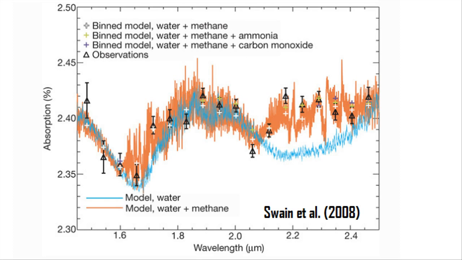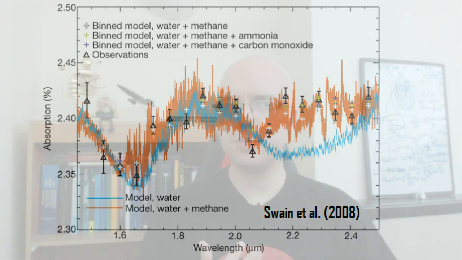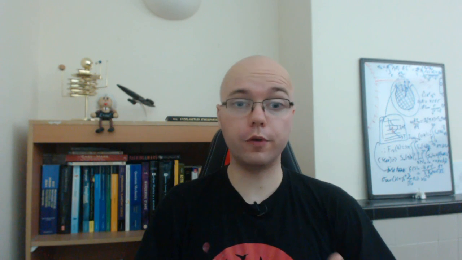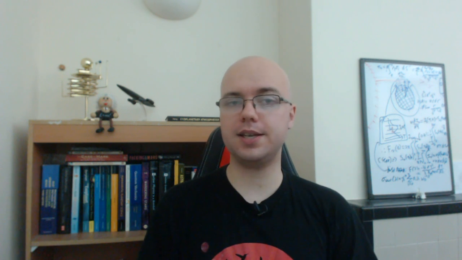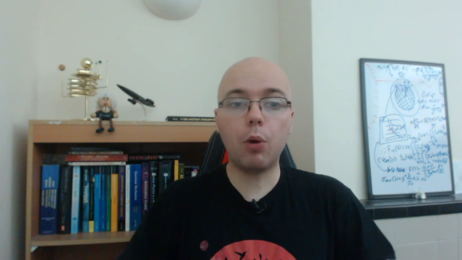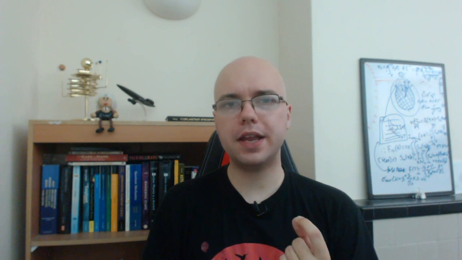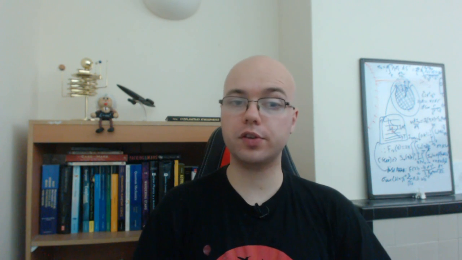However, the model which includes methane, the orange curve here, does match those observations. So this was used to claim the presence of methane in the atmosphere just by comparing a few models almost by eye. The problem with this approach, called forward modelling, is that you don't know whether the solution that you found is the only possibility. Indeed, there could be a wide range of atmospheres that can still match the observations.